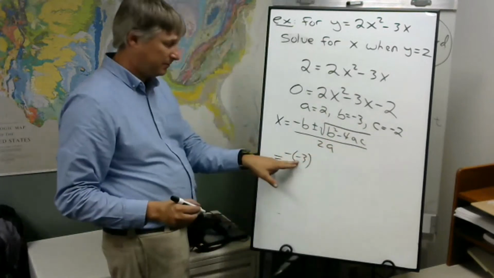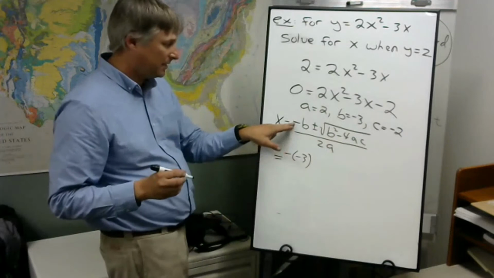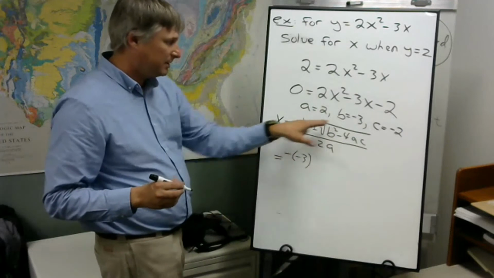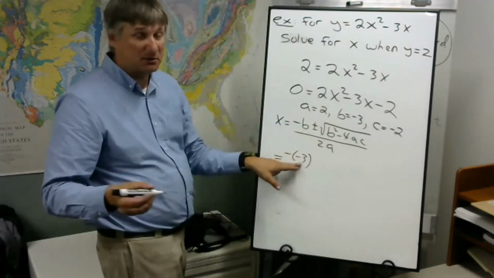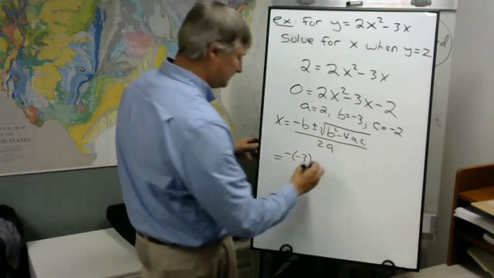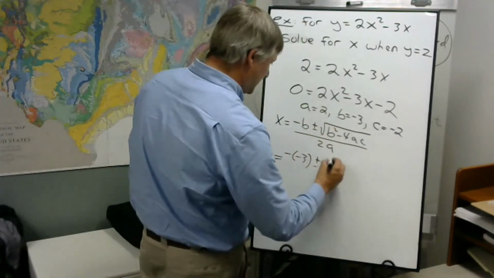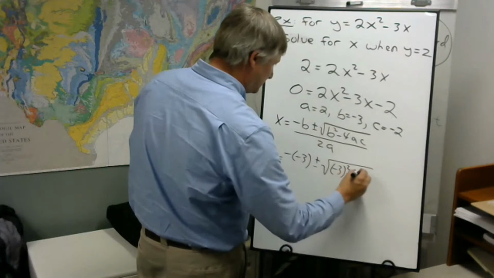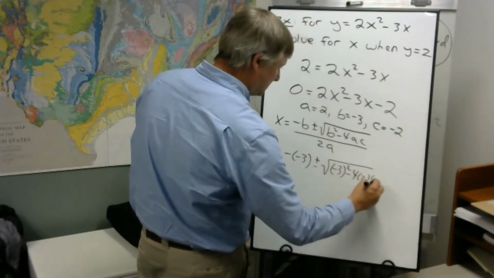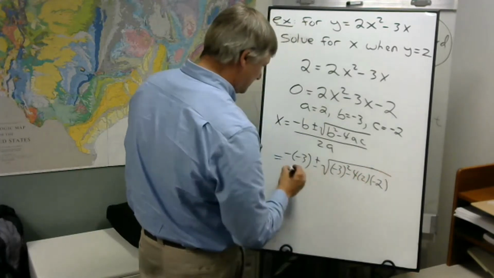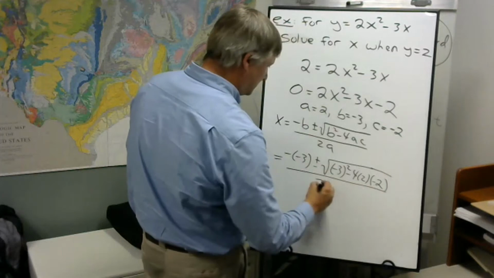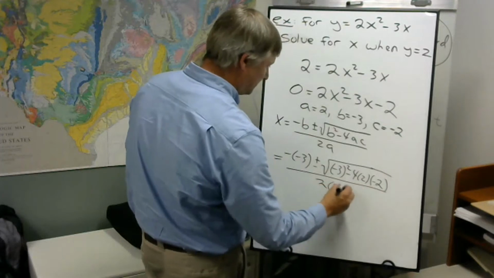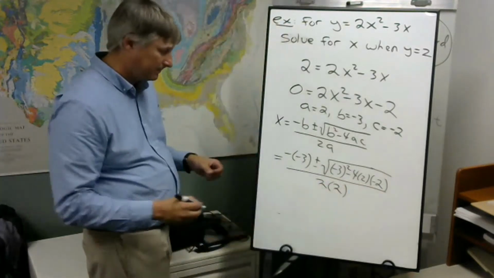Remember, b's negative 3. This negative is always there. Our b is negative 3. So negative negative 3. We need a double negative. Plus or minus the square root negative 3 squared minus 4 times 2 times negative 2 divided by 2 times a, which is 2.